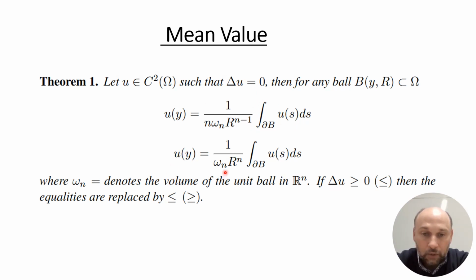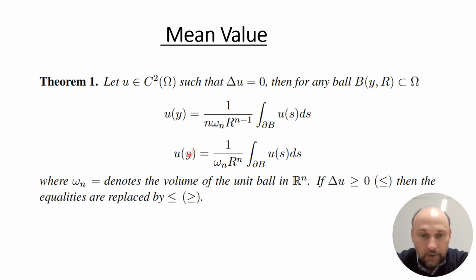And also, with a simple integration of that, you can have, so this is not the border, this is the volume of the ball, right? So I will correct that.